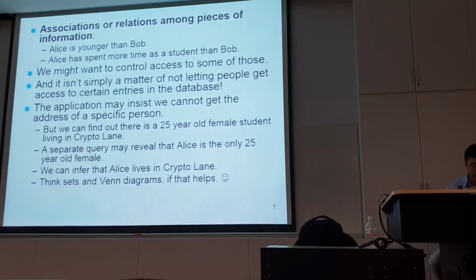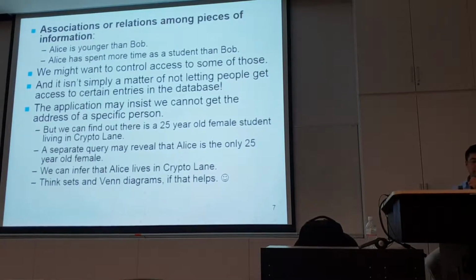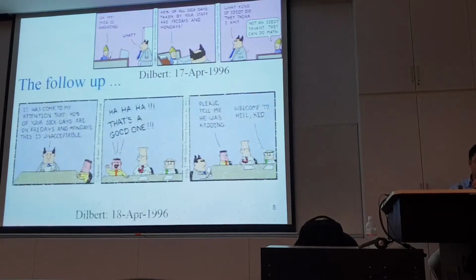So in this case, we have inference. Inference is when you derive some information that is not allowed to be queried directly, by making other queries which are legal and allowed. Okay, so this is inference.